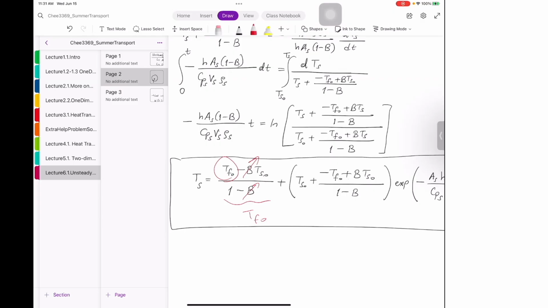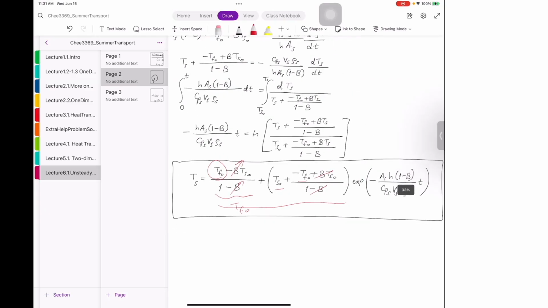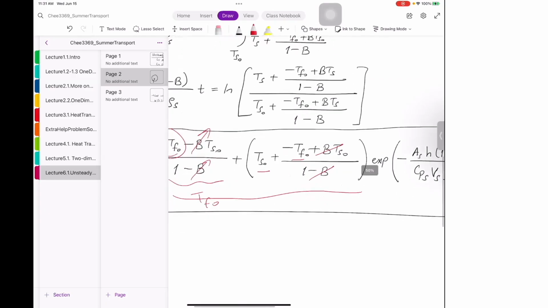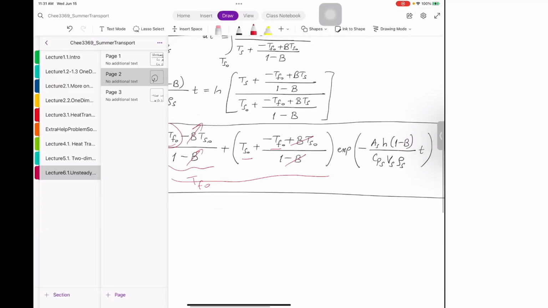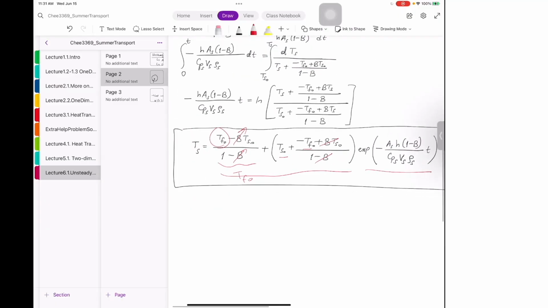And if this is 0, this would be Ts0 minus Tf0, and the Tf0s would cancel. I'm sorry, no. There's a multiplication here. Okay, let's go one by one. So Tf0 in the first term, you get.